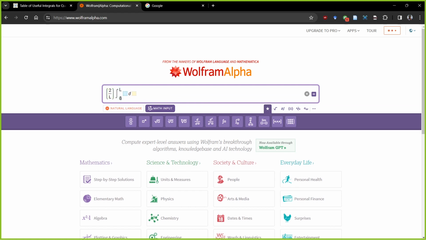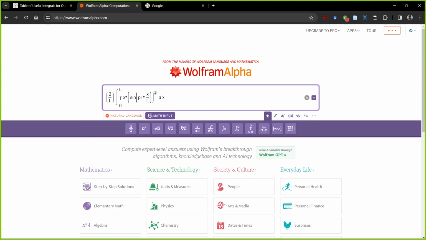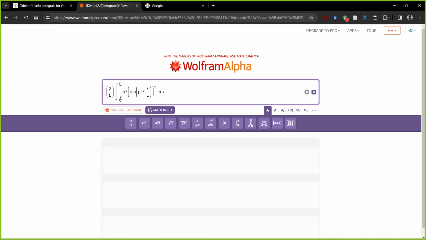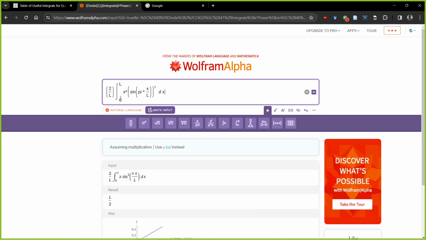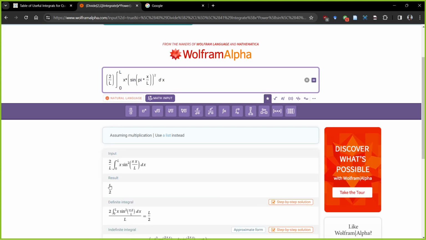Then from 0 to L of x times sine of, n was 1 here, so pi times x over L, dx, and this is squared. I think that looks right. Remember our function is x sine squared x. N is 1 in this case, so we have pi times x over L, all squared, from 0 to L. Let's calculate that. And here it is. The result is L over 2. Very nice.